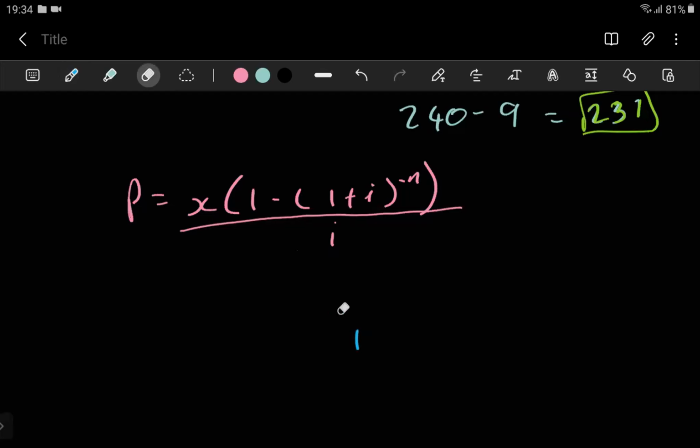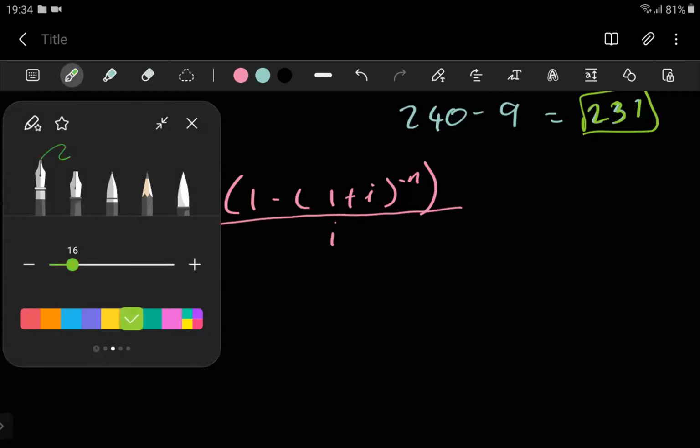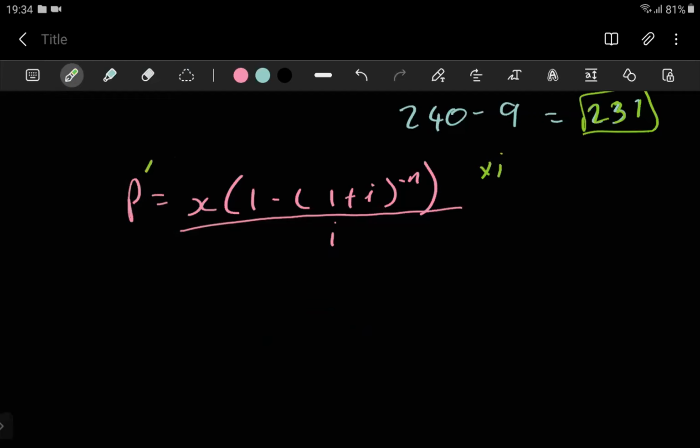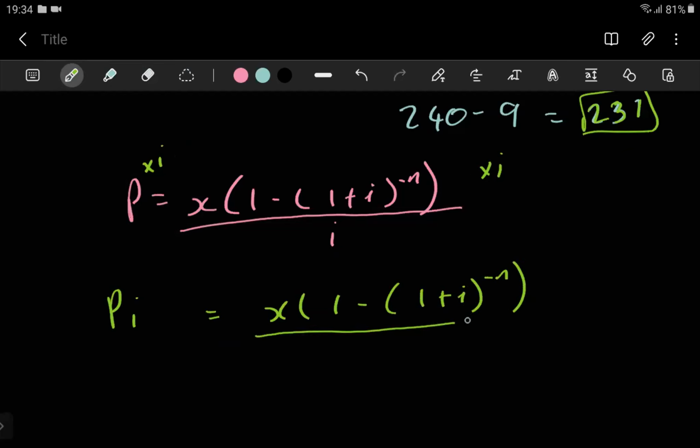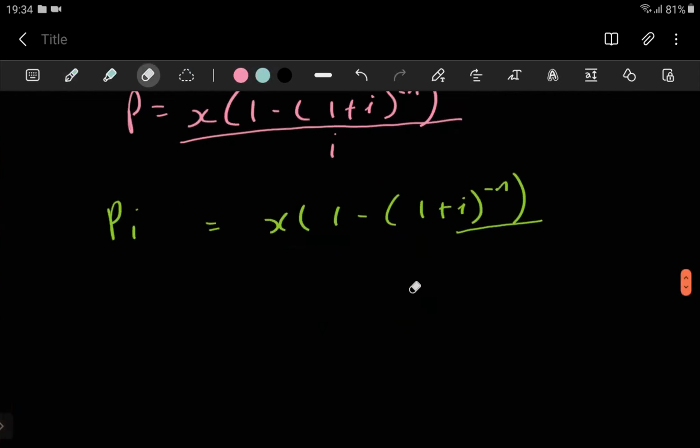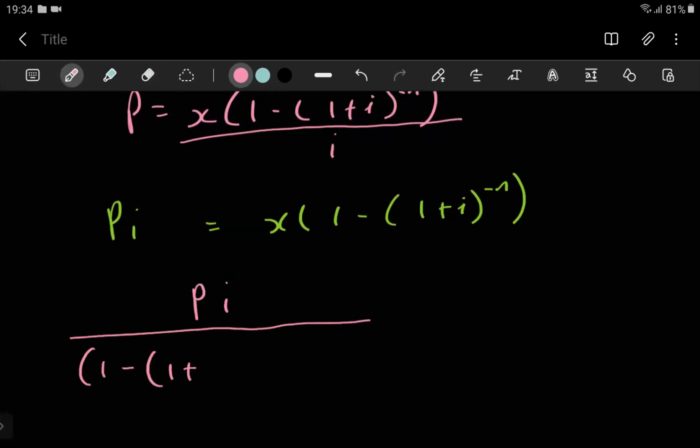To isolate x, we multiply both sides by I, then divide by the big bracket, 1 minus (1 plus I) to the power of negative n. So P times I, divided by the big bracket, equals x.